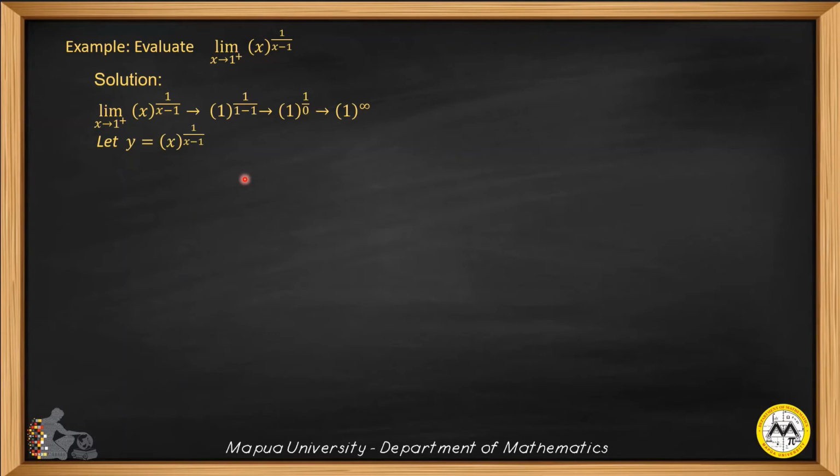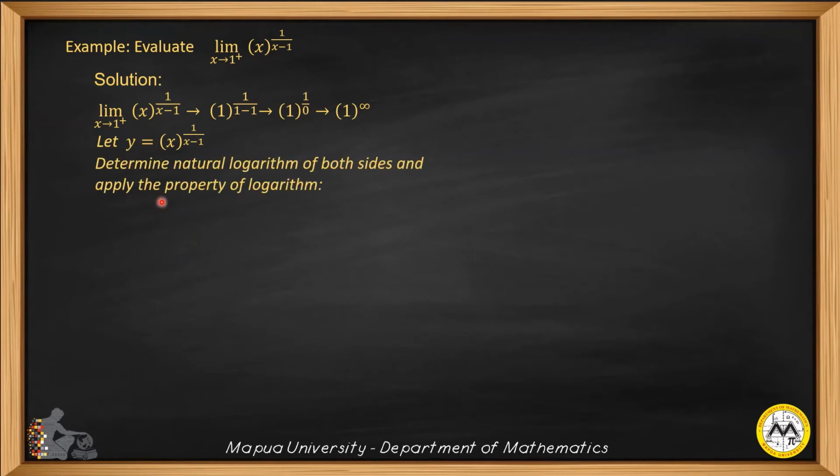As the procedure dictates, the first thing you do is let the power x raised to 1 over x minus 1 be represented by the variable y, or you may use some other variable of your choice.